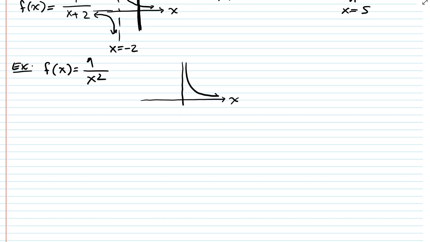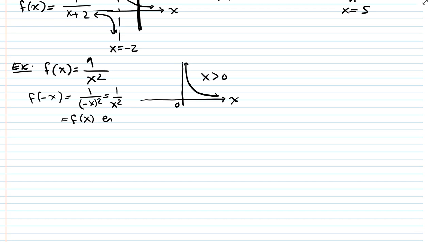This portion of it is kind of like 1 over x, okay, but it's much steeper here, and that point is much closer to the origin. And this is for when x is positive. The function is indeed an even function. For this, f of negative x will be 1 over negative x squared, which is the same as the original, right?